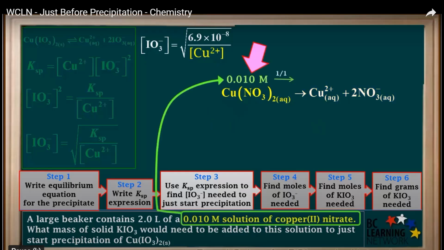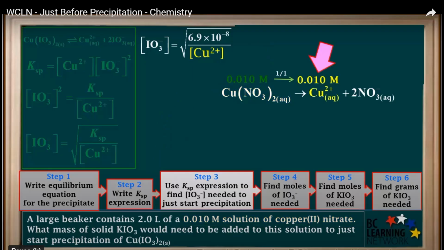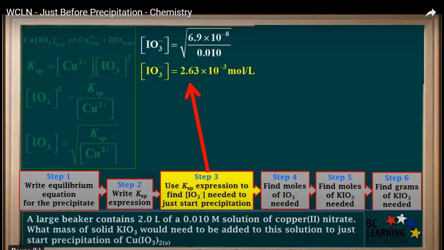So since the concentration of Cu(NO3)2 as a whole is 0.01 molar, the concentration of Cu2 plus from the salt is also 0.01 molar. So we'll substitute 0.01 molar for the concentration of Cu2 plus in here. Dividing 6.9 times 10 to the negative 8 by 0.01 and taking the square root gives us the concentration of IO3 minus is 2.63 times 10 to the negative 3 molar.